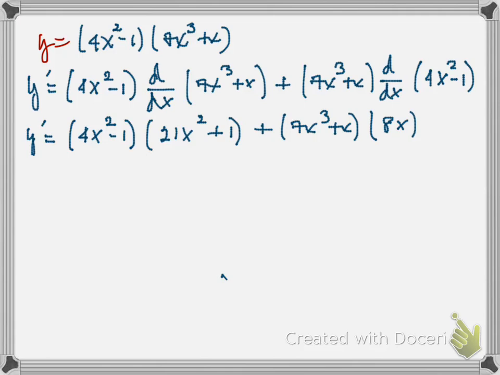And just like before, the last part here is to multiply, FOIL this together here, use the distributive property over here, and collect up your like terms. I'll give you a minute to work through that, and then I will give you the answer.